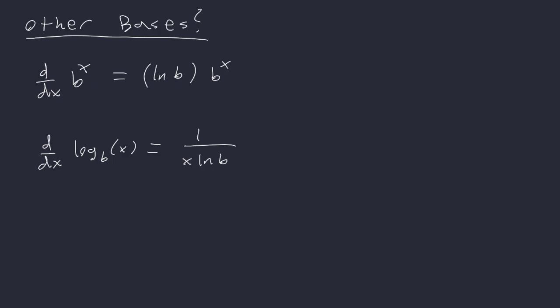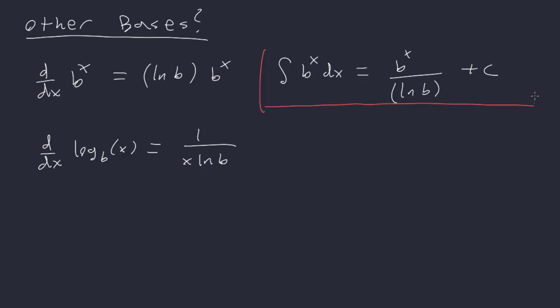So when we do the integral rule, well, the integral of b to the x dx, we do the opposite. It's going to be itself, but instead of multiplying by the natural log of b, we should be dividing by the natural log of b. Okay. So there's the general b to the x rule.